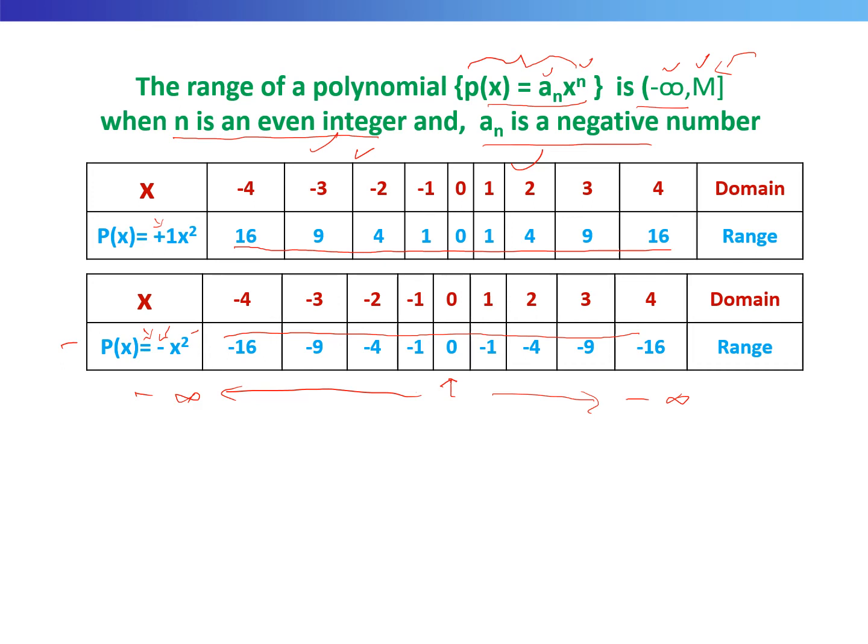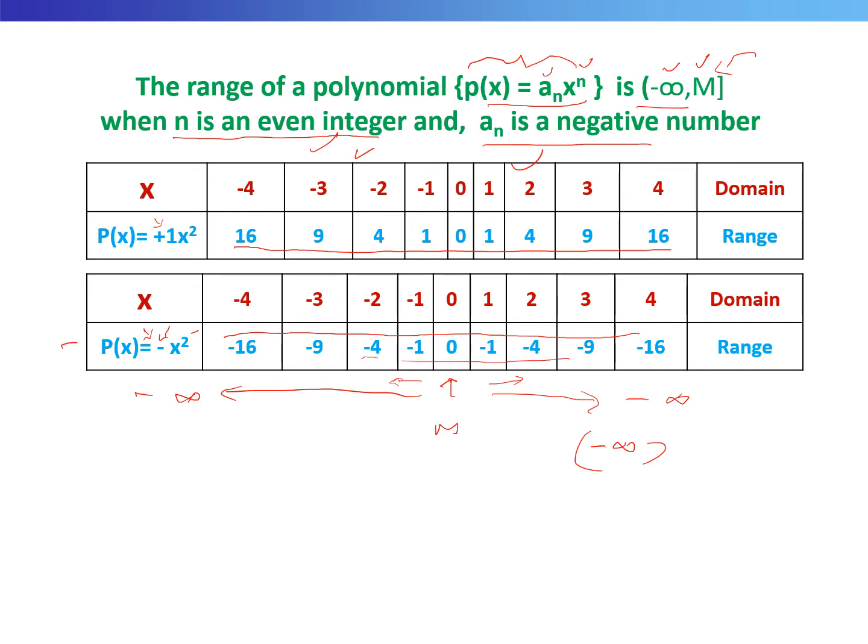So what does that mean? That means our 0 is capital M. Our 0 is our absolute maxima, because every element to its left is less than it, and every element to its right is less than it. So that makes our 0 capital M. Since we have this condition, which is even exponent and negative coefficient, we can prove now that the smallest value is negative infinity on both sides, and the largest value is 0, because 0 is the largest value on this row.